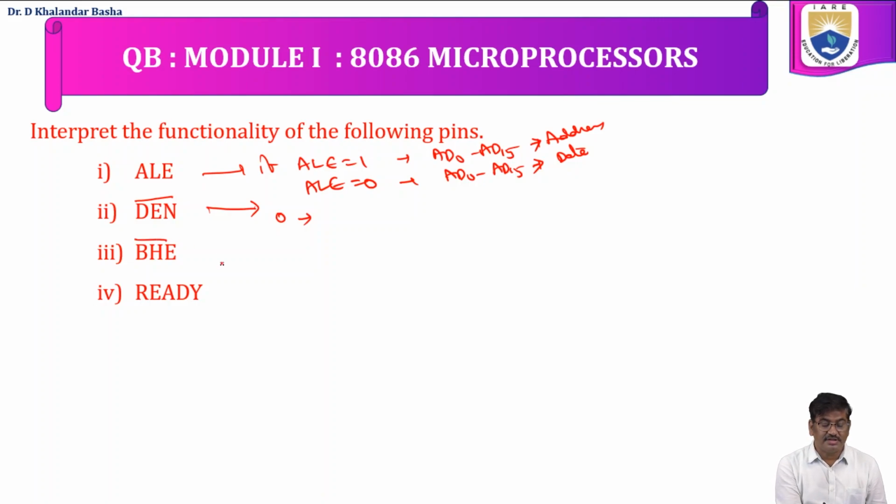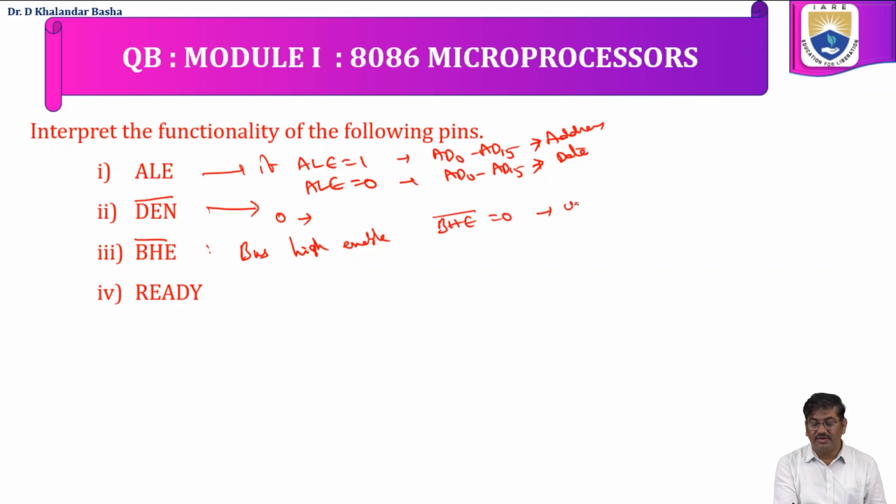The next one is BHE bar, which is bus high enable, which is for differentiating whether the higher byte of the data is being accessed, either in the 8-bit case or 16-bit case. If you are referring to the higher byte, then BHE bar is equal to 0.